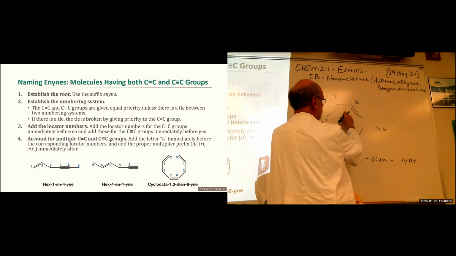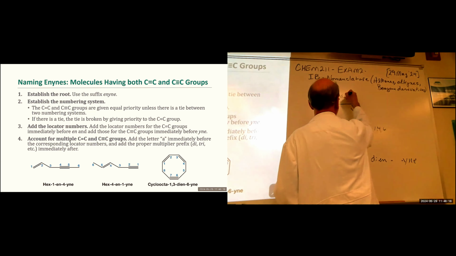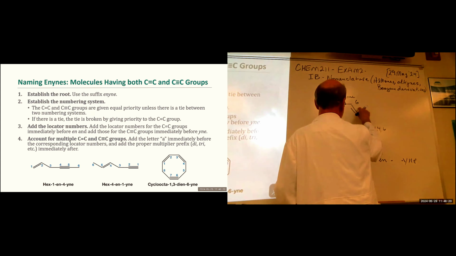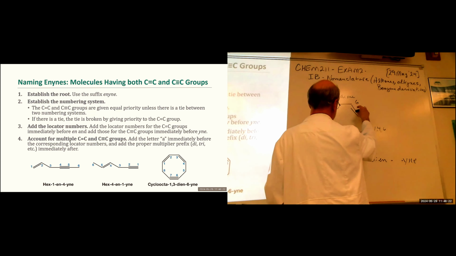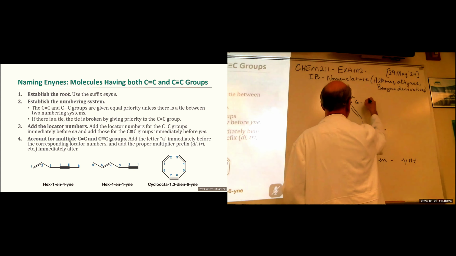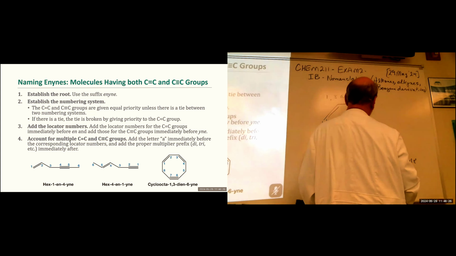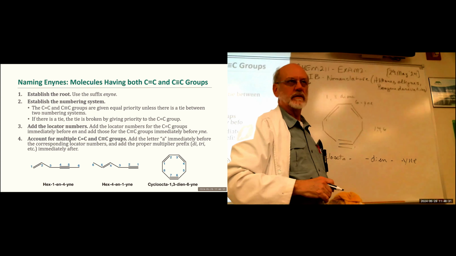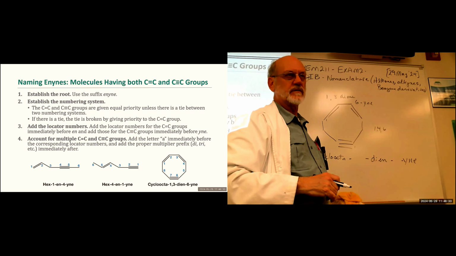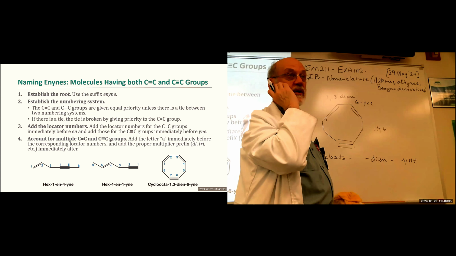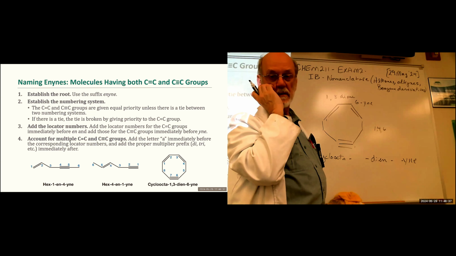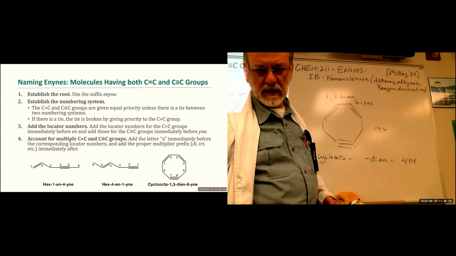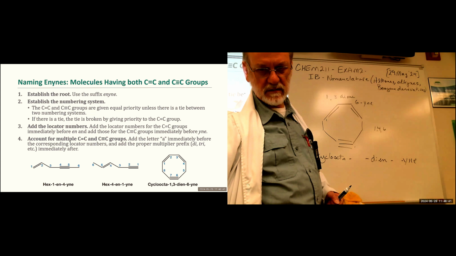1, 2, 3. So that's 1, 3 diene, and that makes, let's see, 1, 2, 3, 4, 5, 6, 9. So you couldn't break them up? I don't think they frown on that one. If you break up the enes, the dienes or the trienes, if you break them up. Let's see, and it doesn't say, does it?